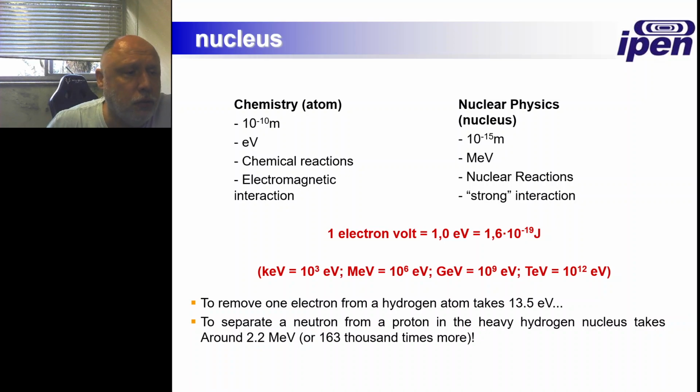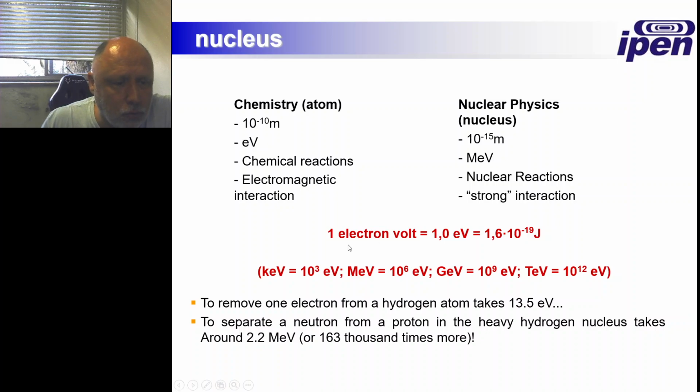There's a trade-off to this. When we're talking much smaller, we're talking much higher energy required to keep things together. And so, while in chemistry energies are around an electron volt, here in the nucleus we have energies that are 100,000 to a million times greater than this.